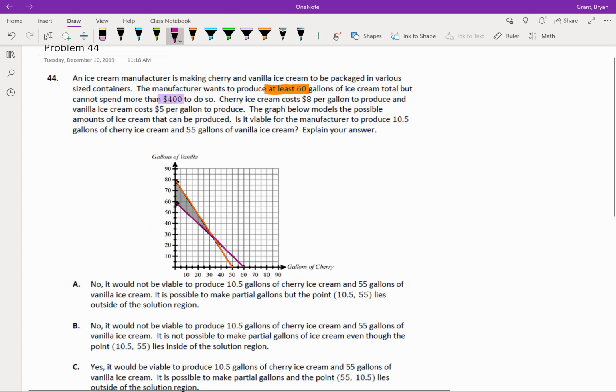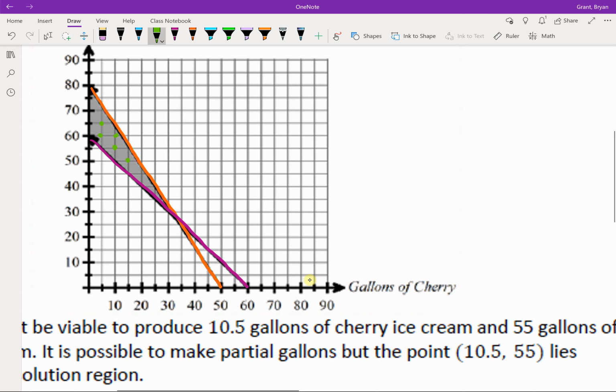I'm not even going to look at any of the other numbers yet. We're just going to take a peek at this shaded region right here. There are a bunch of points in this shaded region. Each of these points is going to do two things, and I'm just going to look at one of them really quickly. How about this one right here? Let's do the point 20, 45.